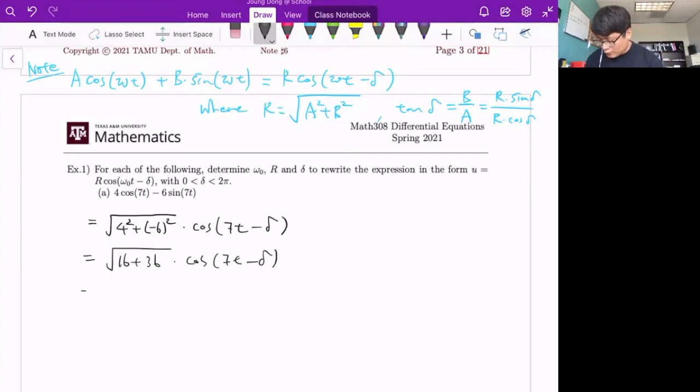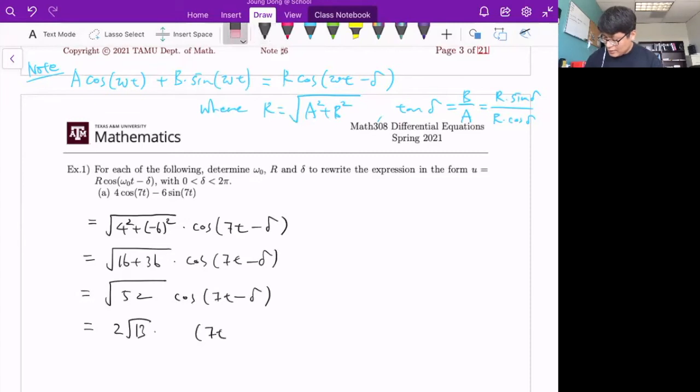That is square root of 52. Since square root of 52 is square root of 4 times 13, it is 2 square root 13 cosine 7t minus delta. So this 2 square root of 13 is your R.